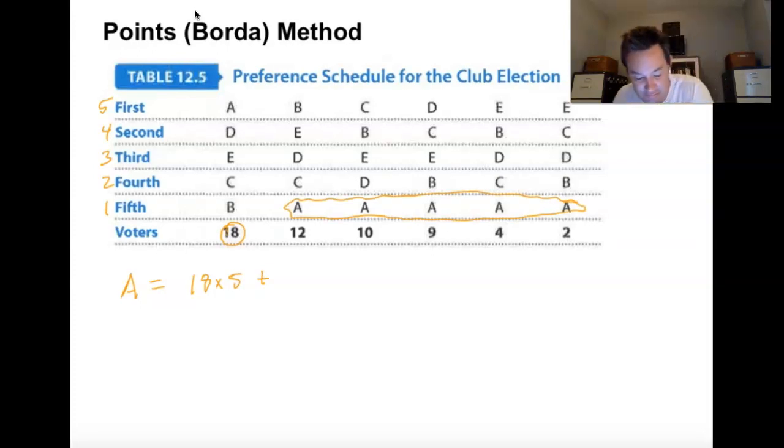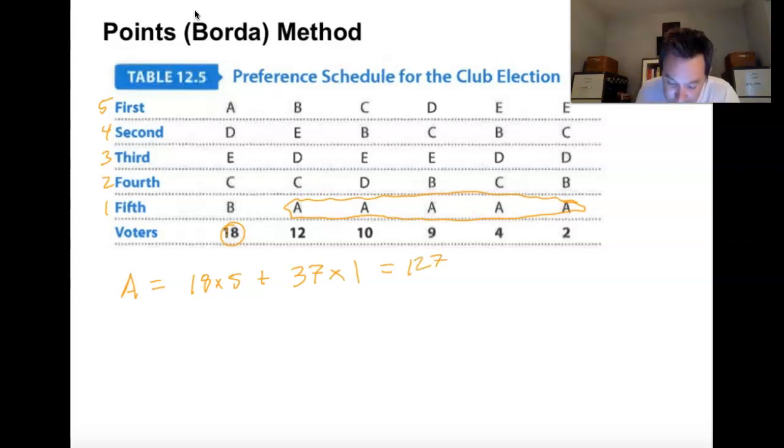I think it's 37, 22, 31, 35, 37. So they had 37 5th place votes for which they get 1 point. So A's total is 18 times 5 plus 37 times 1. Which is 127 points.